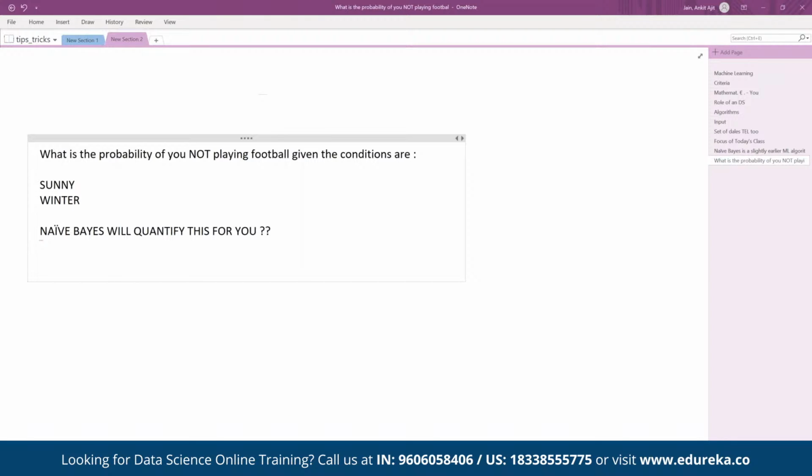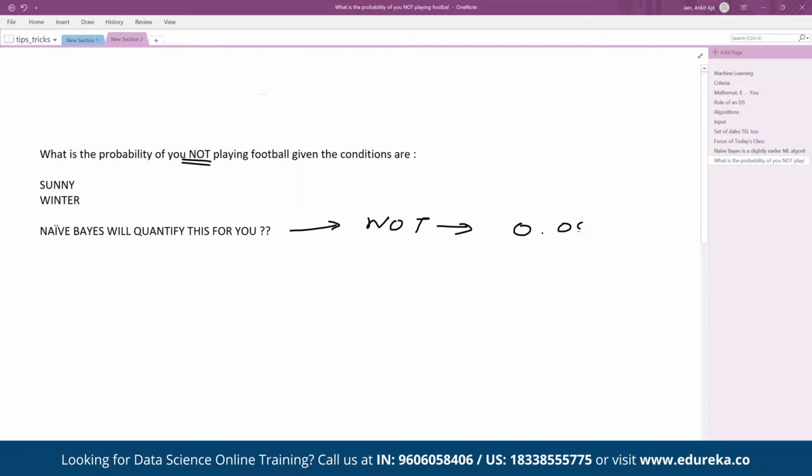Naive Bayes will tell us, hey boss, today you want to play football, what are the chances that you will not play football given it is sunny and winter? Suppose you quantify not playing and it comes out to be 0.05, and you can also use Naive Bayes to see the probability of yes.